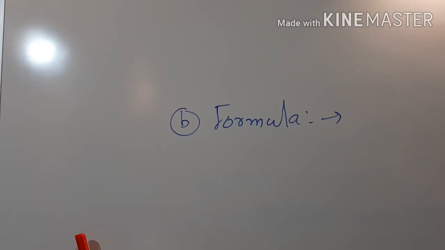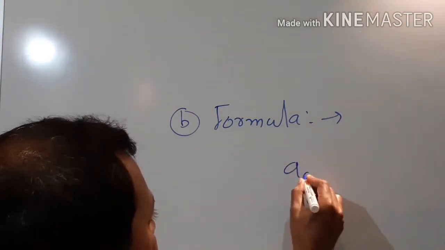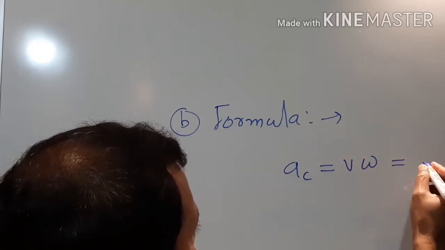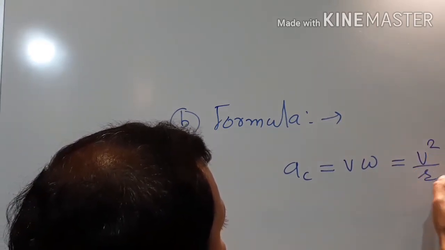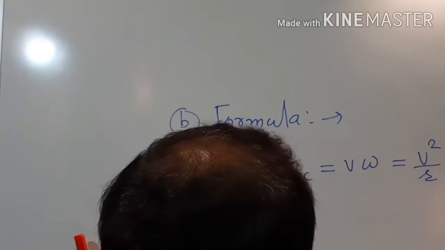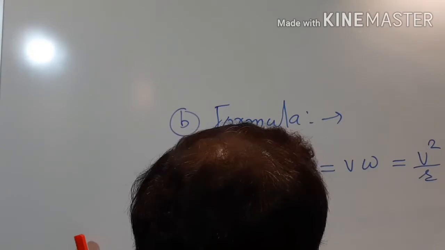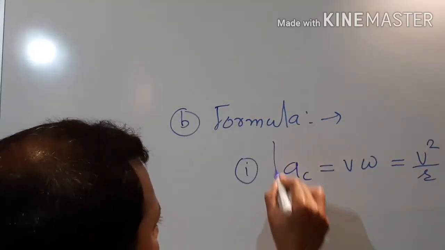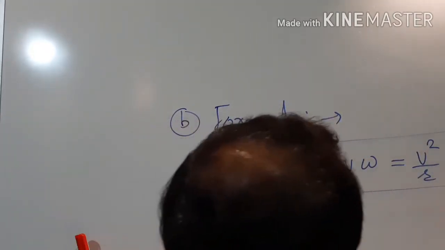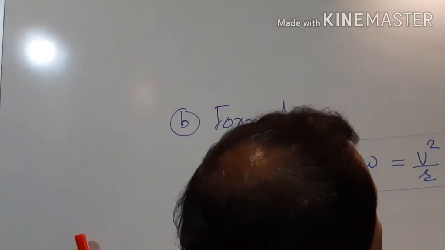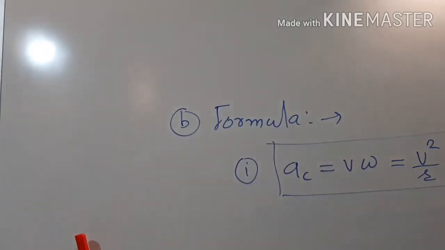Now the formula is a_c = v omega = v squared upon r = r omega squared. These are the three different forms of the centripetal or radial acceleration in UCM. Unit is meter per second squared.